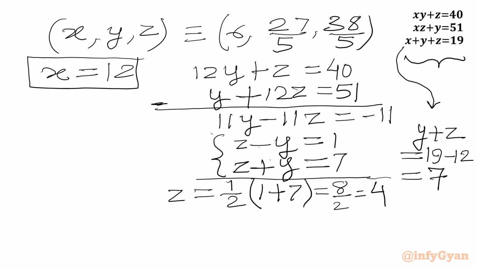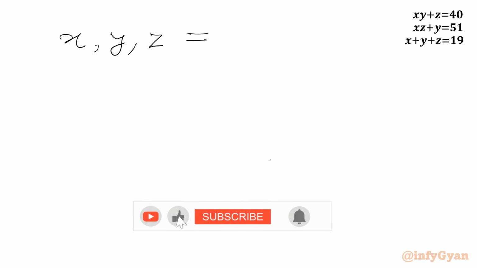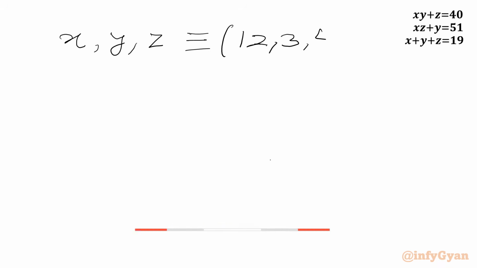So for x equal to 12, z is 4. Now we will subtract first equation from second one to get the value of y will be equal to half times 7 minus 1 will be equal to 6 over 2 equal to 3. So here also we can write one triplet x, y, z: 12, 3, 4.